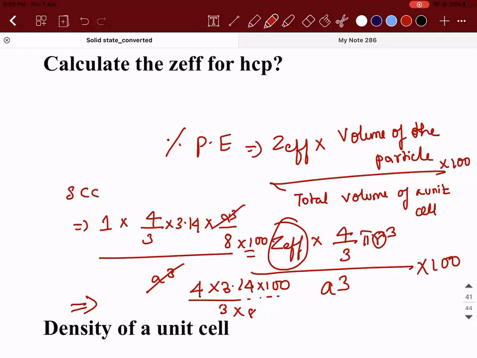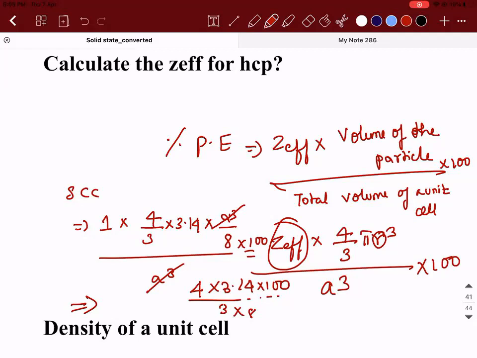If 70% is particles and 30% is void, it is more efficient. But this is nearly 50-50, so it will be less efficient.